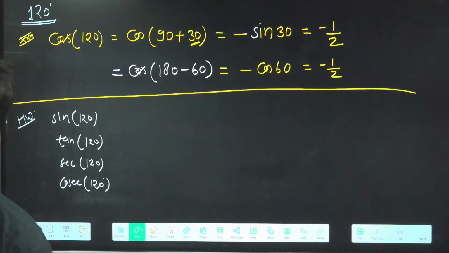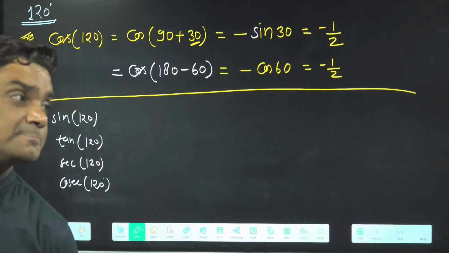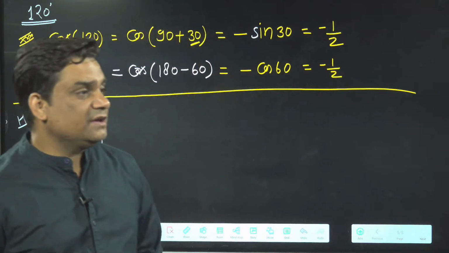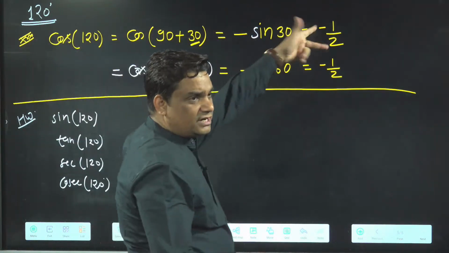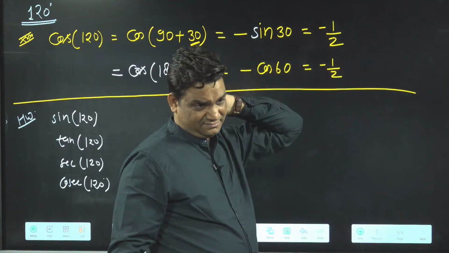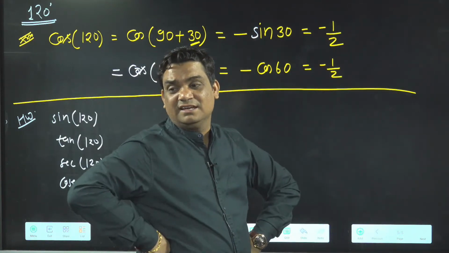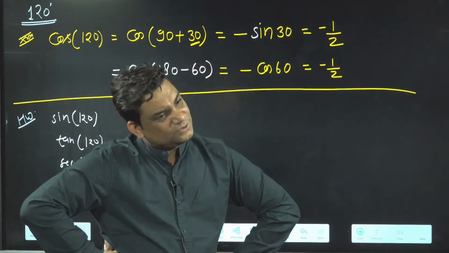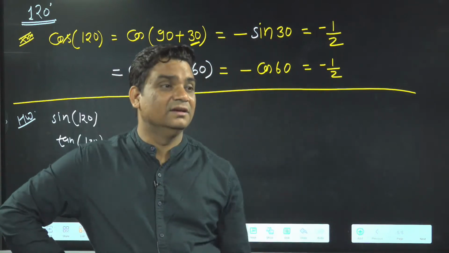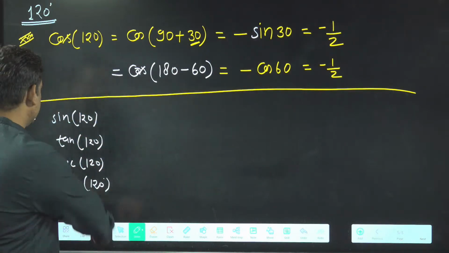Sec 120 is 1 by cos 120, that is 1 by cos theta, so minus 2. Clear? So this was the homework.